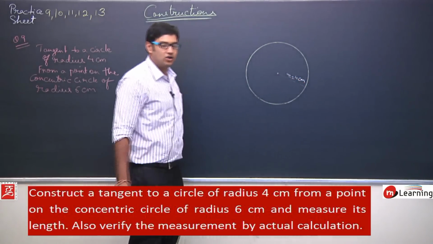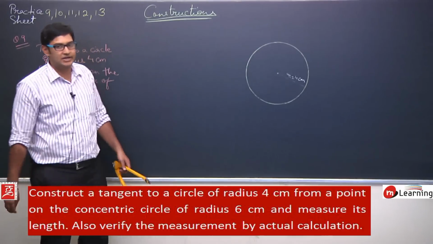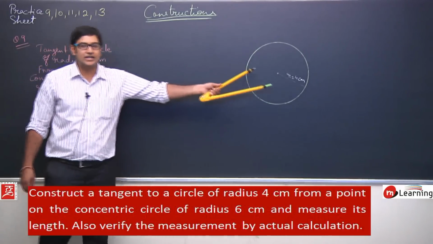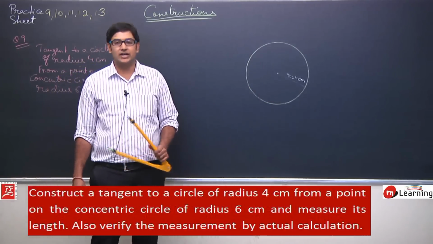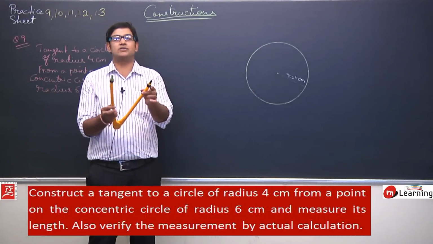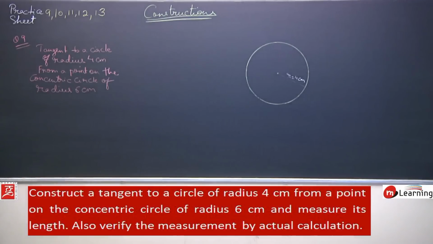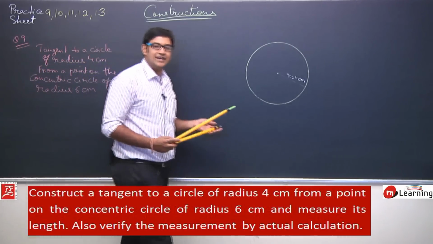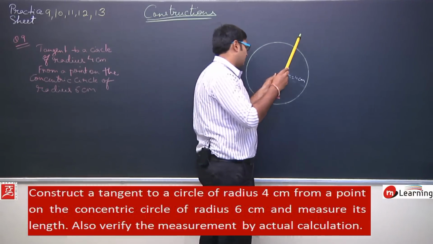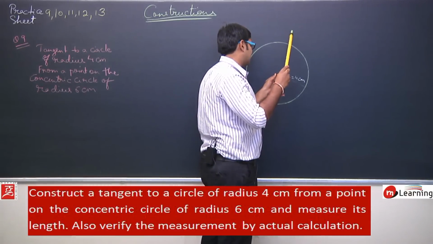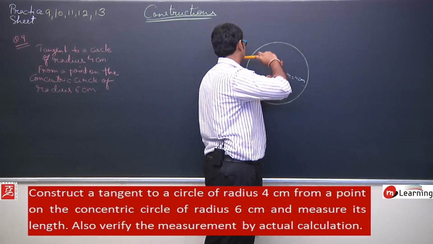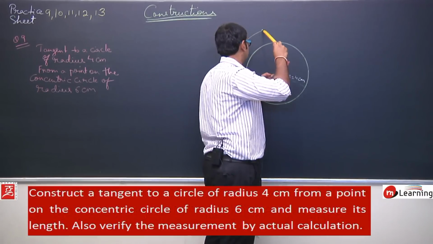Then I will draw a circle of radius 6 centimeters using this same center because the two circles are concentric. So I will measure 6 centimeters using this length. This is the 6 centimeter radius. I will put the compass at the same center and draw a circle like this, which will be a concentric circle.